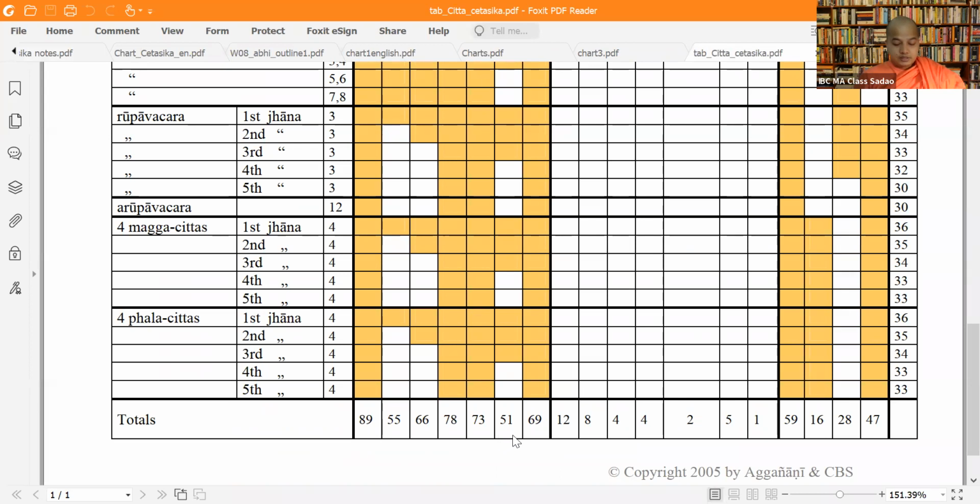Here you have the listing according to the second categorization, second listing. 55, and then 66, 78, 73, 51, and 69.